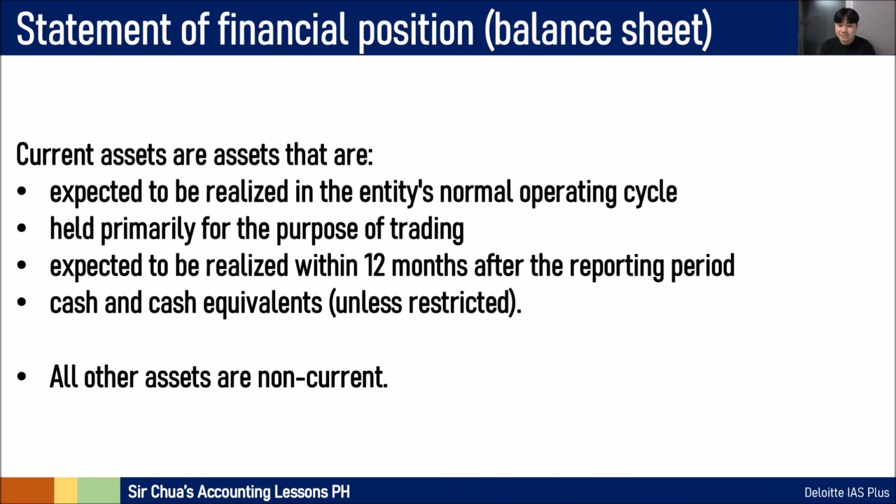So current assets are assets that are expected to be realized in the entity's normal operating cycle, like your inventory, your cash, no, and your accounts receivable, and then primarily for the purpose of trading, like your inventories, expected to be realized within 12 months, and unrestricted cash and cash equivalents. All other assets that don't qualify as a current asset will then be a non-current asset, like property, plant, and equipment, investment property, investment in equity securities, and other non-current assets.